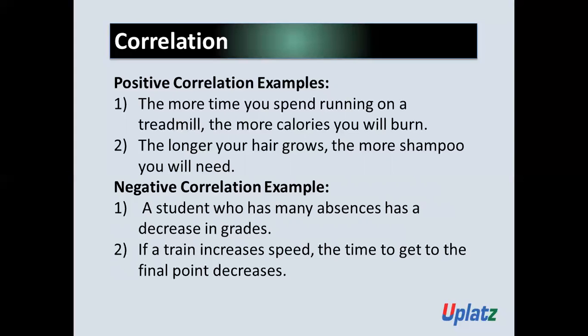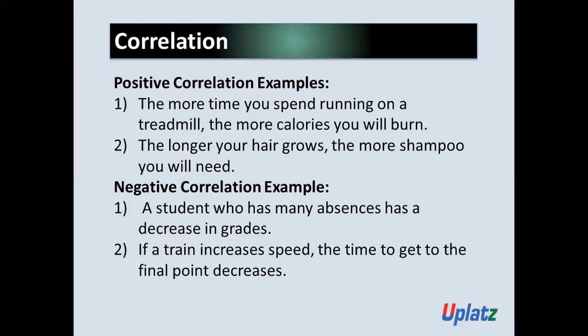Now let's see a negative correlation example. A student who has many absences has a decrease in grades. So the more absences in a class, the more the grade decreases. Here one variable increases, the other decreases.